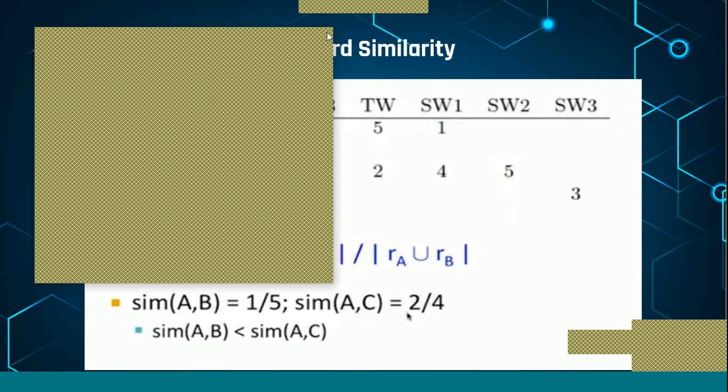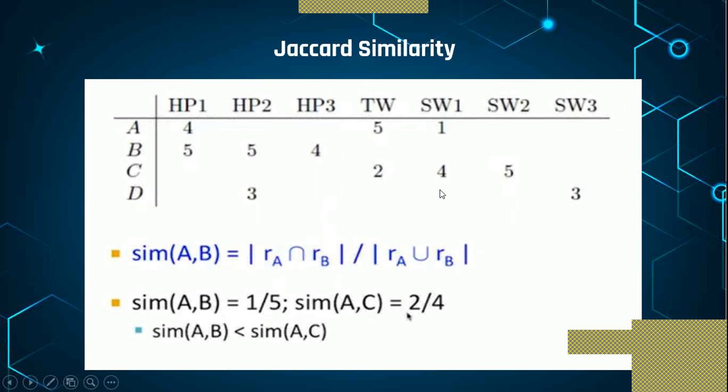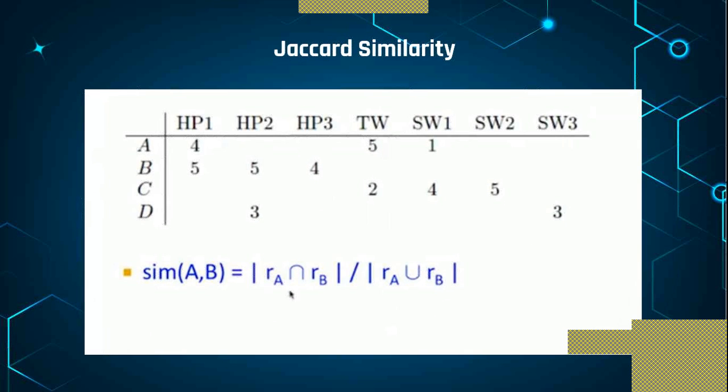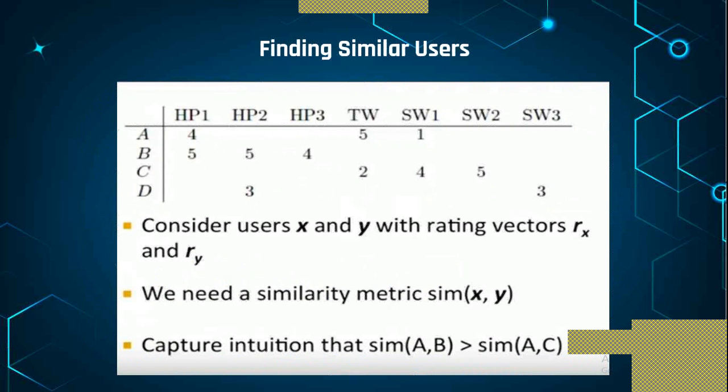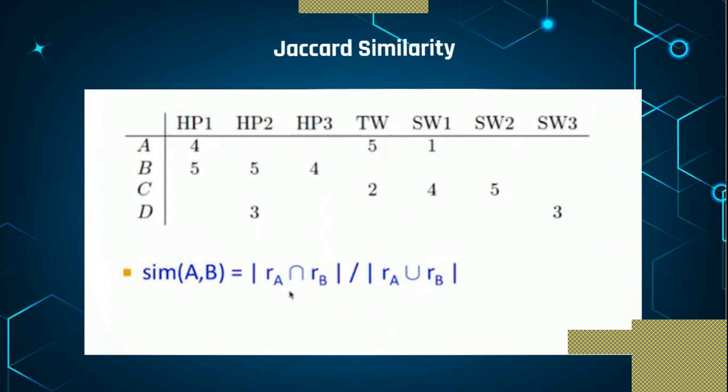So it does not satisfy our hypothesis. As our hypothesis, we stated in the first slide that the similarity of A and B is greater than the similarity of A and C. Hence, our hypothesis is false.